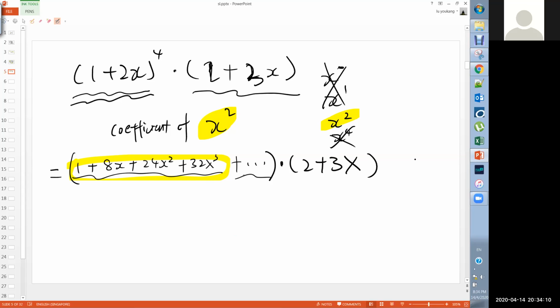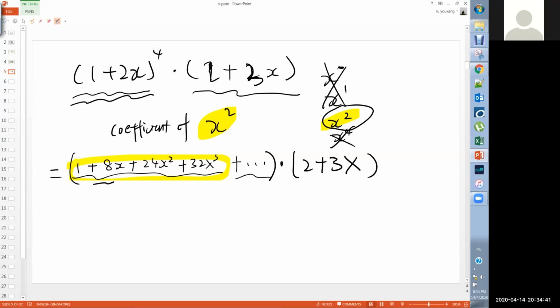So my focus will be, I only want to pick out the x to the power of 2 term from this multiplication. I open the bracket, 1 times 2. Do I pick this one? No, because the question doesn't want 2. The question only wants something x to the power of 2, right? So I don't need this one.